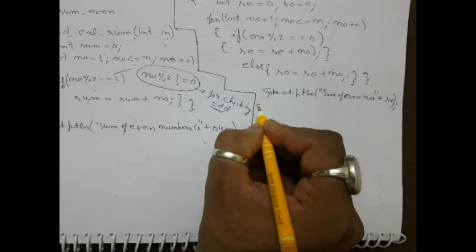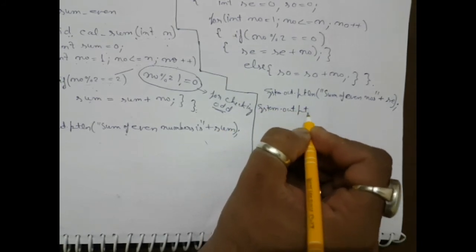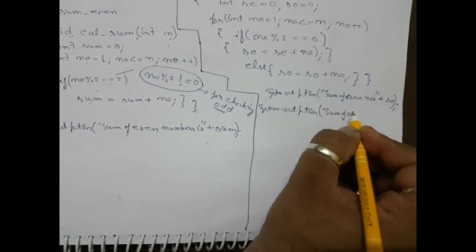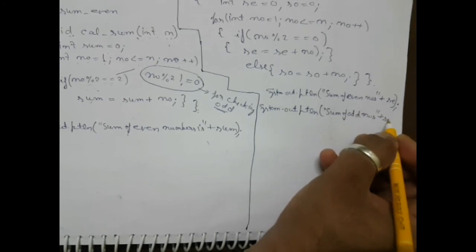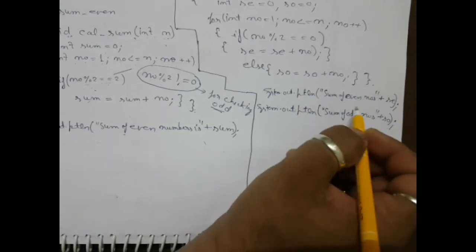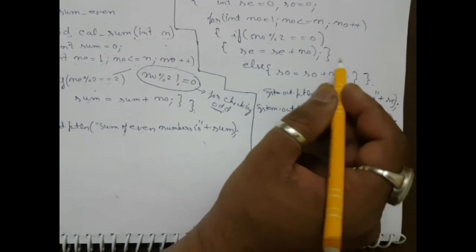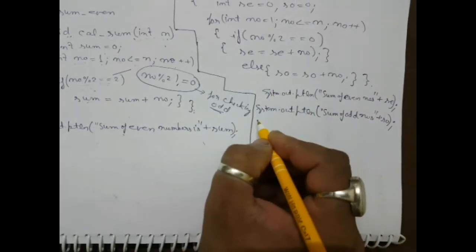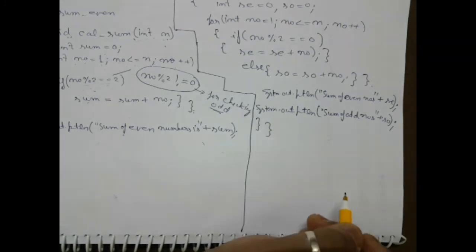After that, System.out.println "sum of odd numbers" plus SO semicolon. Now you can see that these two messages are written outside the loop, because they are to be written finally, means after the process of adding the even and odd is over. Now we close the function and then we close the class.